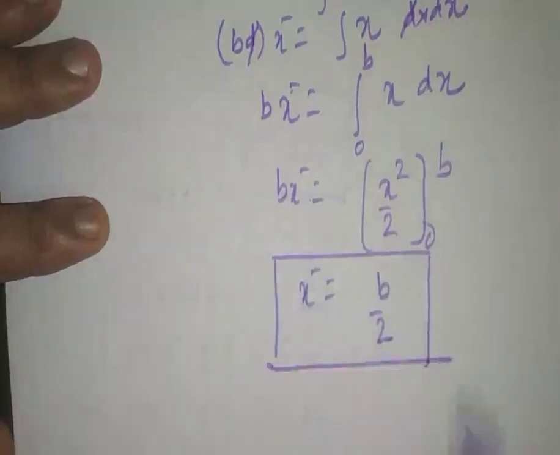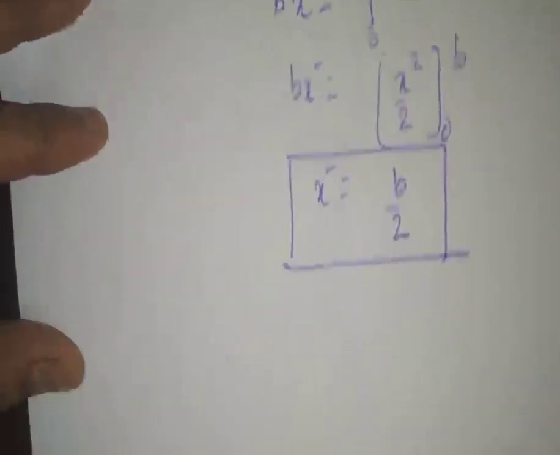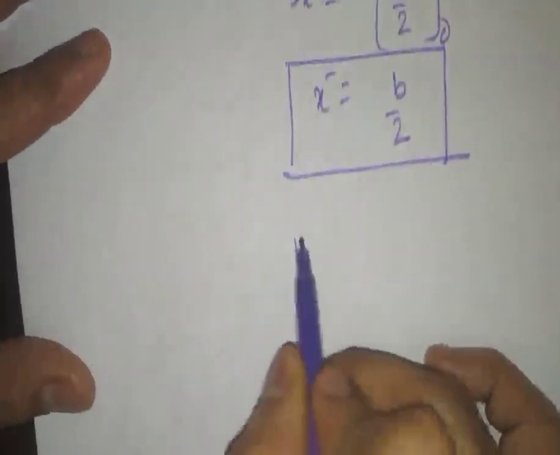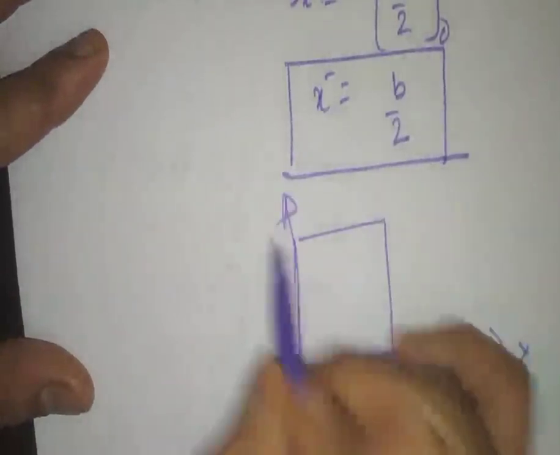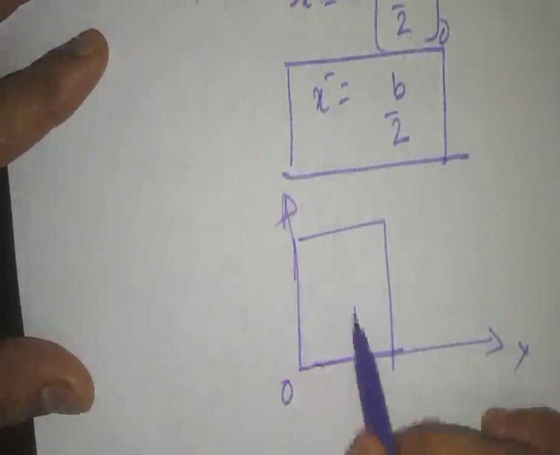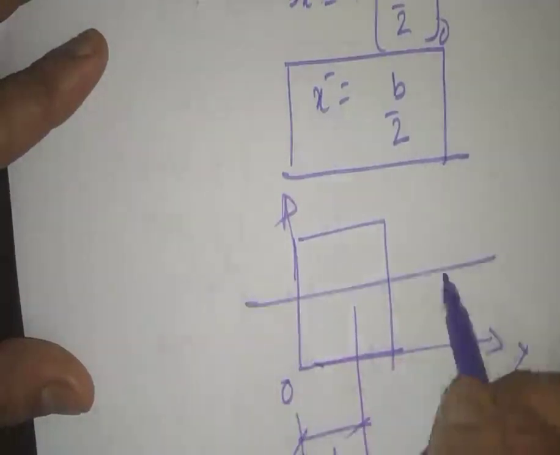So these are the values of x bar and y bar along the x and y directions. If I consider a rectangular section with reference to the origin, the centroid distance is b by 2 along x and d by 2 along the vertical direction.